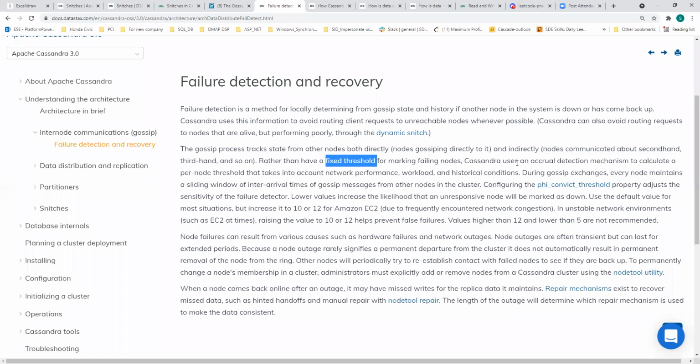What has to be done differently is to use an accrual detection mechanism. It means you use the history of the node, based on how responsive the node is, which depends on different factors. They take some factors into account: the network performance for that particular node, the workload, and the historical conditions.